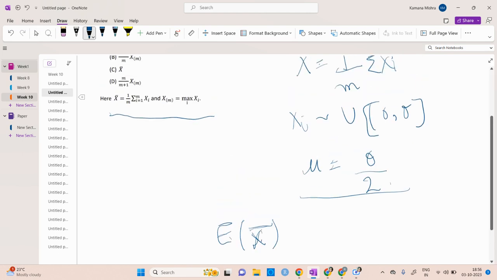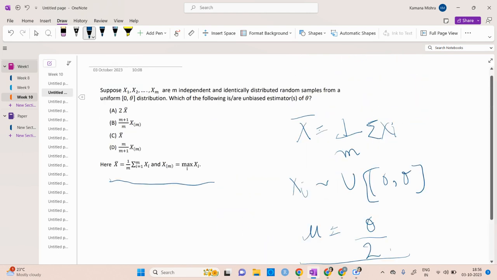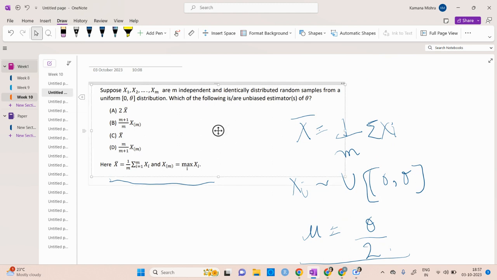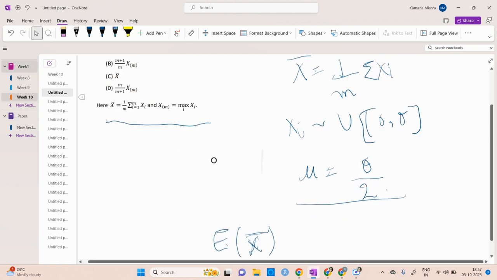We have two estimators, and as we have done in two or three questions before, we just manipulate and find which multiple of it is the unbiased one. So for x bar we see whether x bar or 2x bar is an unbiased estimator, or no one is unbiased. That can also happen. And for x(m) we will see whether this one or anything else is the unbiased estimator of theta.